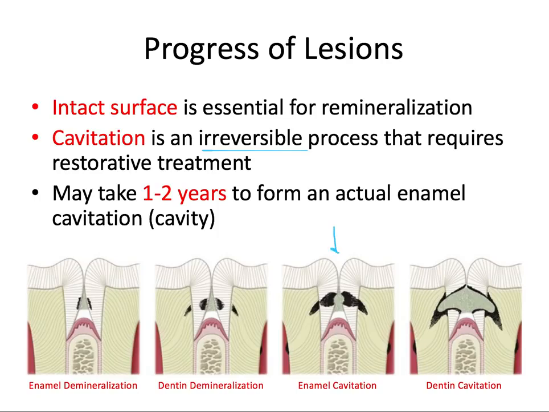So this is our irreversible stage where we can actually feel a cavity there, and then we get dentin cavitation where that cavity progresses much, much more quickly at that point. So enamel demin, dentin demin, enamel cavitation, dentin cavitation. That is the order of a cavity.